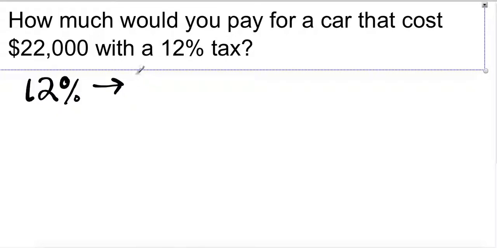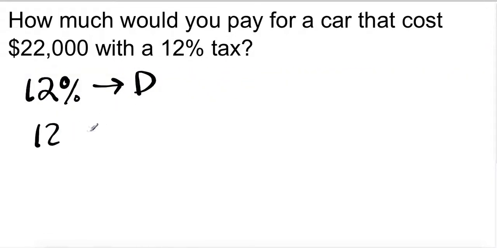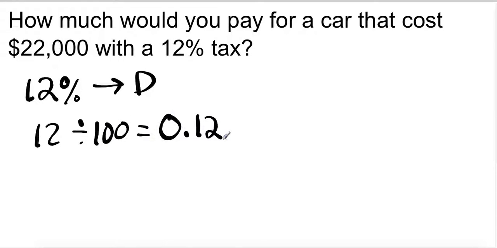And we'll be doing that again by dividing by 100. And we are going to get 0.12. Next, we're going to multiply our subtotal of 22,000 times 12. So I'm going to be doing that over here just to save myself some room.